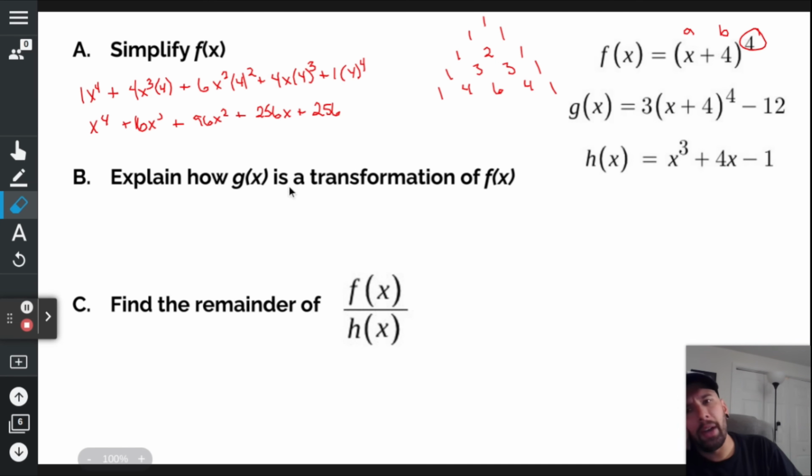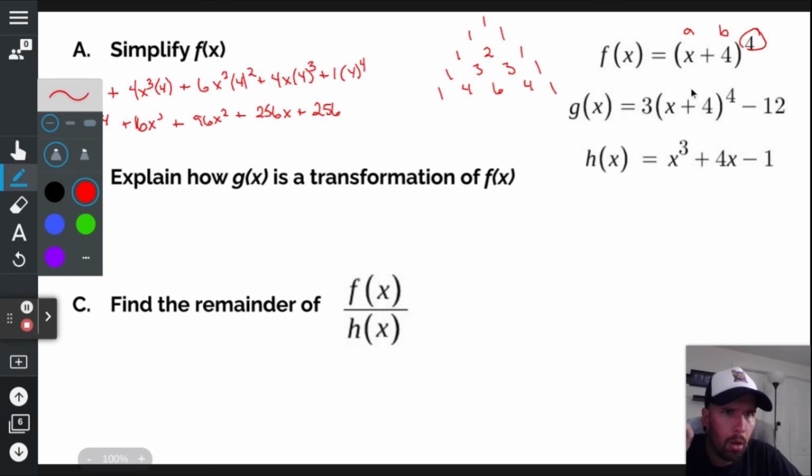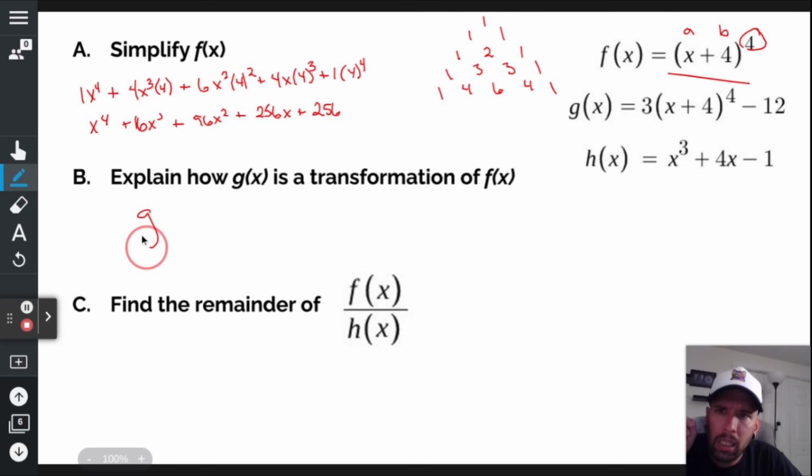Okay, g of x is 3 times x plus 4 to the fourth minus 12. Well, f of x is x plus 4 to the fourth minus 12, which means g of x is 3 times f of x minus 12.